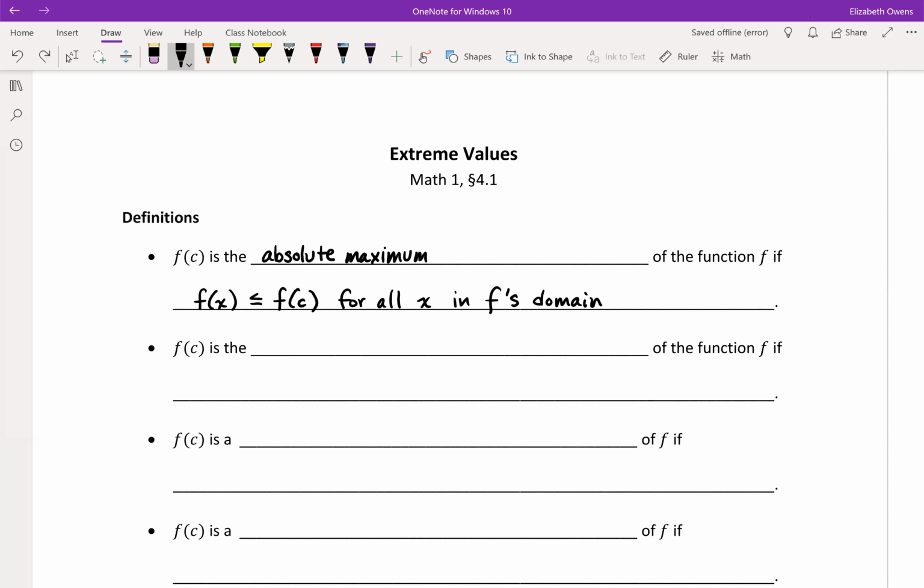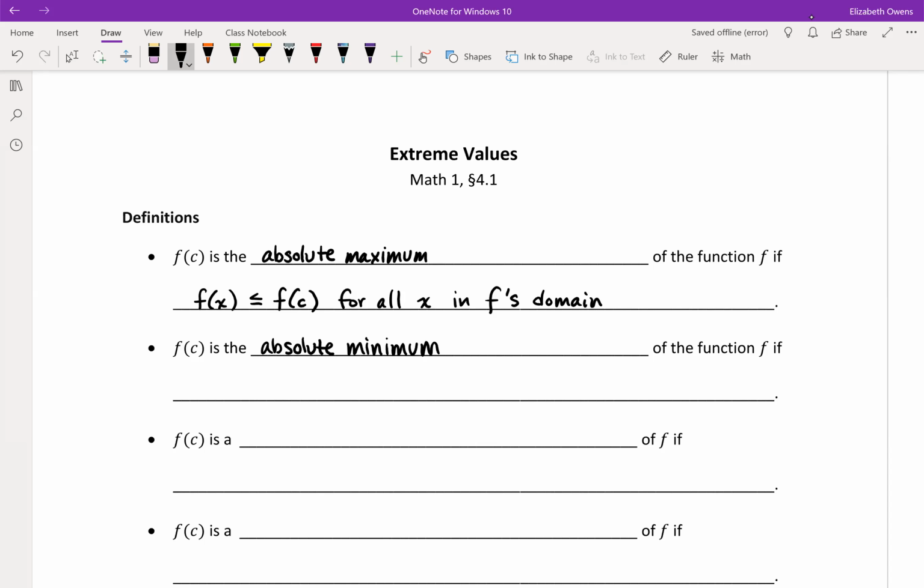And then opposite to that, we have the absolute minimum value. Okay, so absolute minimum. And I am leaving a little space here in these definition blanks because there is another term that we can use for these. So I'm going to slip that in later. But for right now, we're just calling them absolute maximum, absolute minimum.